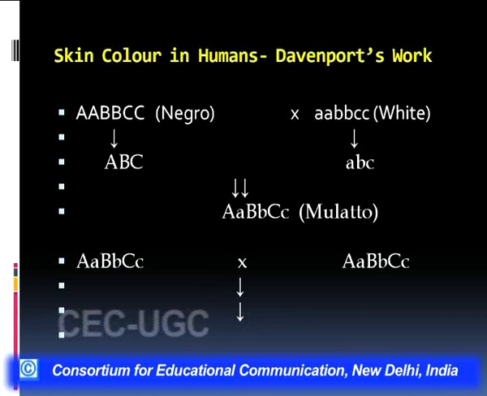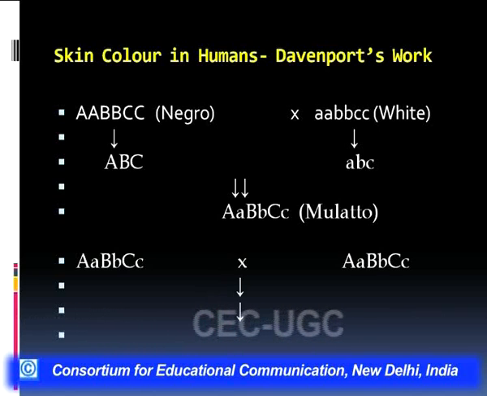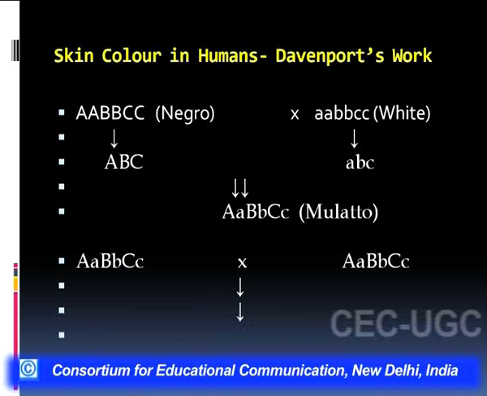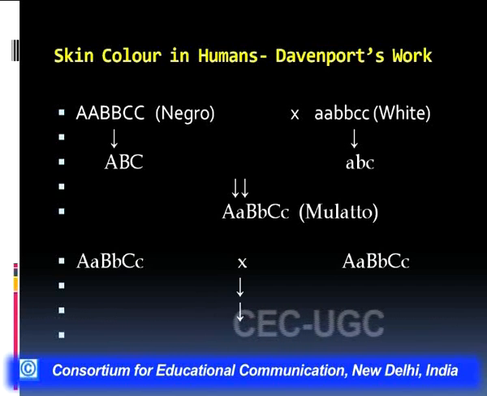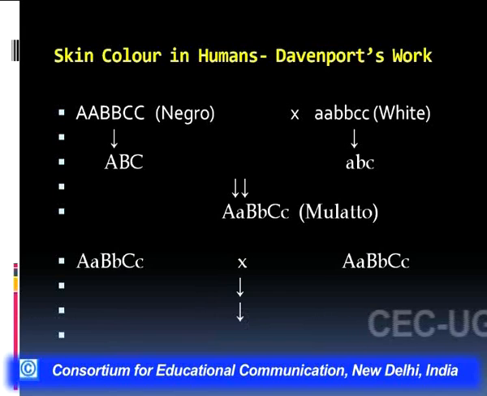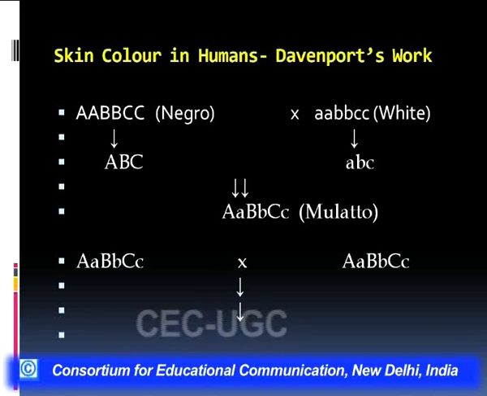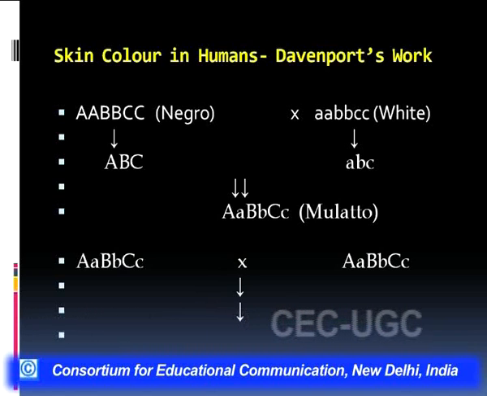We find that 3 genes control our skin color, and it is the intensity of our melanin which is responsible for this. So, any person who has all the 6 recessive alleles would be pure white, and the one with all the 6 dominant ones would be a Negro, and their child would have 3 genes, 3 capital ones. So, it would be a mulatto or brown.